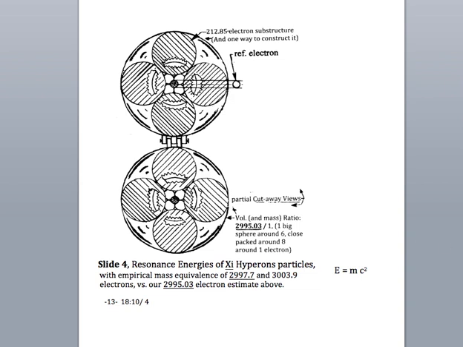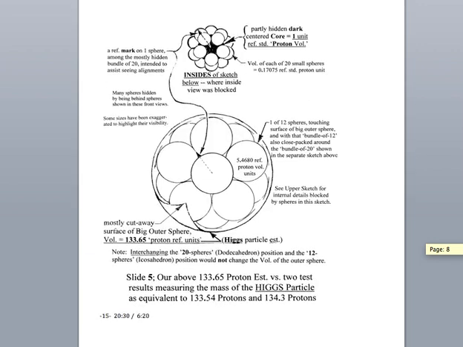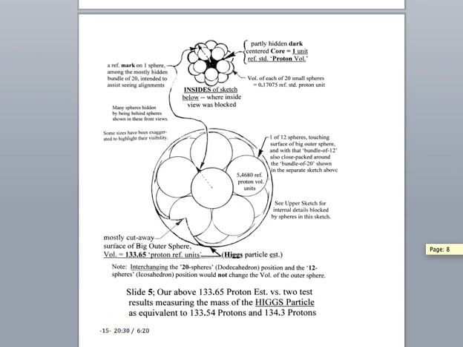Let's skip the next frame or page and instead go to the 15th frame or page 15. Here we see major patterns and sphere volume ratios formed by using the most advanced Platonic layouts.